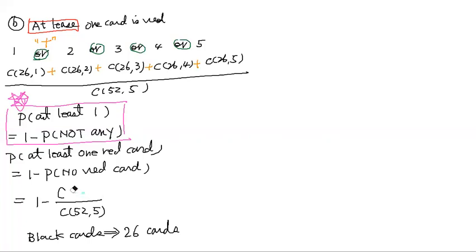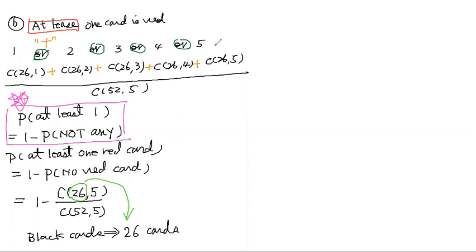I have 26 black cards, and I need to pick 5 cards from the black. So don't get confused here. We both have 26, but this 26 refers to the black cards. Then you can use your calculator and find the answer.